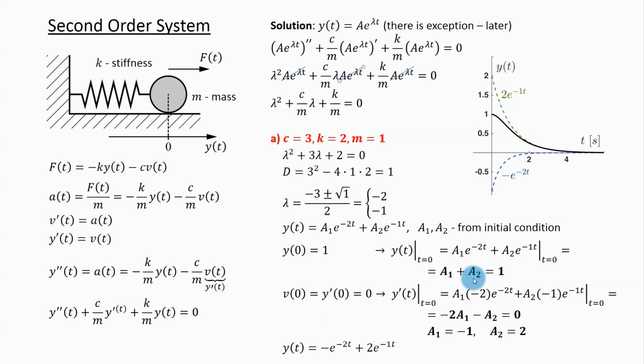Because this is the second order system, one initial condition is actually not enough to describe the initial state of the system. To fully describe the state of this system at some time, I need not only specify the position of the ball, but also the velocity of the ball. So I need to add the second initial condition. Let's say that in this example, the initial velocity, that is the derivative of the position at time 0, is 0.